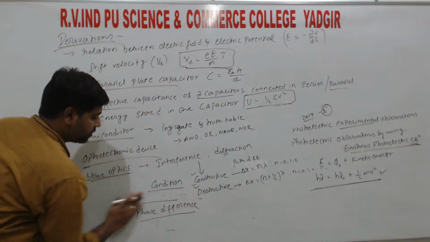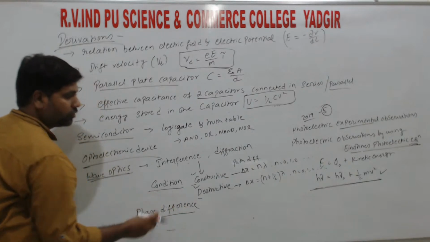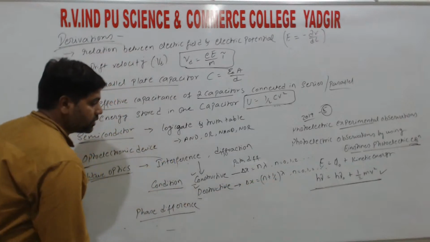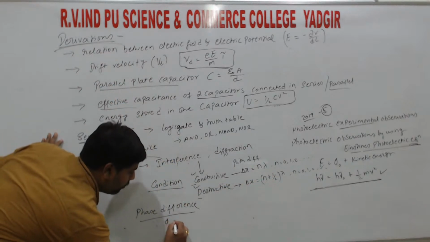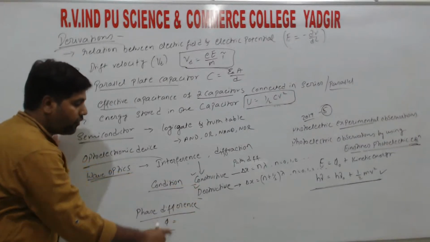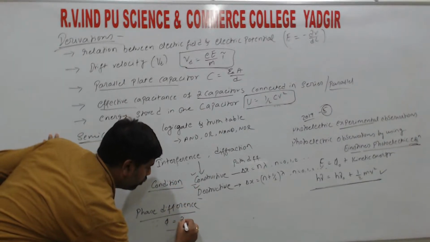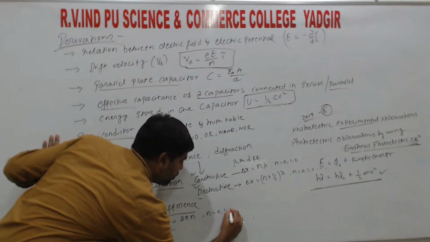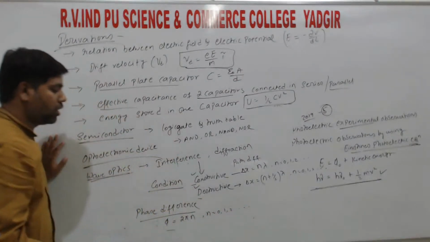So phase difference is simple. In place of lambda, we need to substitute 2 pi, right. So phi, in terms of constructive, phi equals 2 pi n, right. Again n equals 0, 1, 2 and so on.